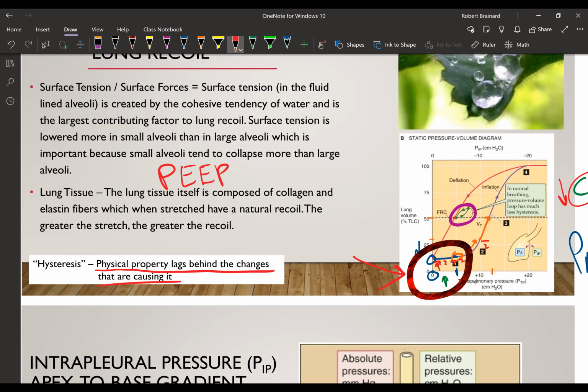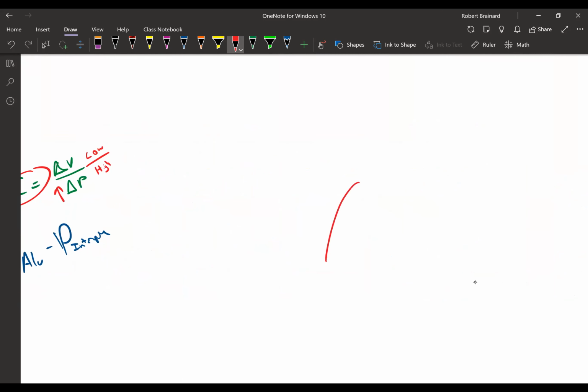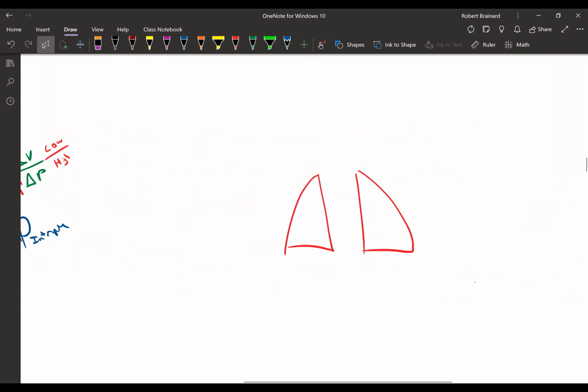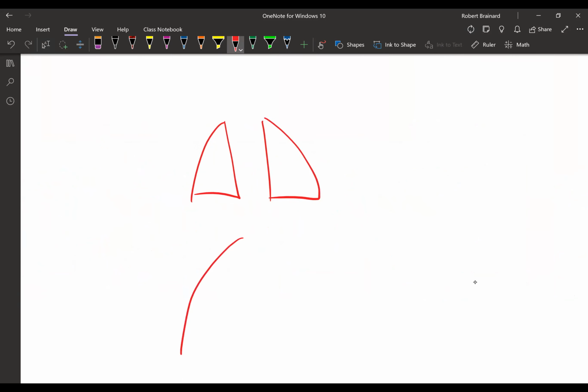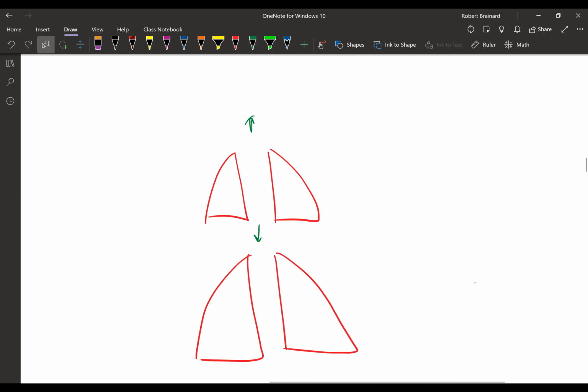Remember, if you've got a lung that's normal size, and then a lung that is a lot larger, and then a lot smaller lung, maybe some that are collapsed, the water molecules in the lungs don't really change in number. In the normal lung, they're about this close together.